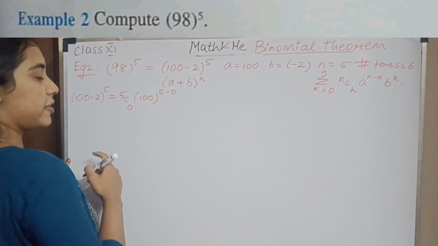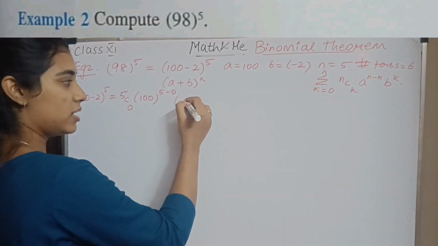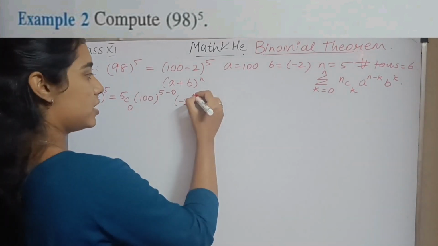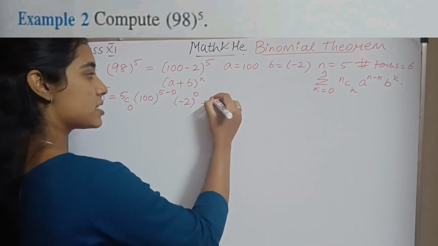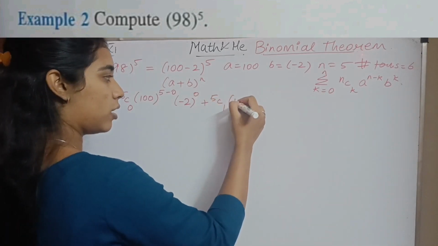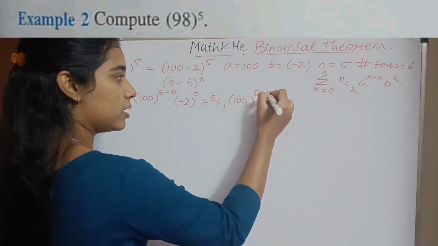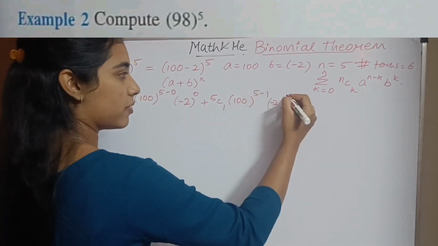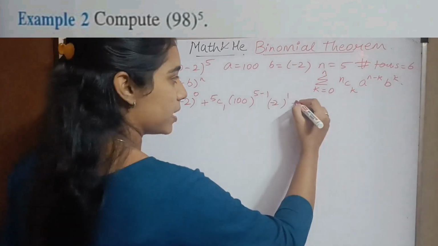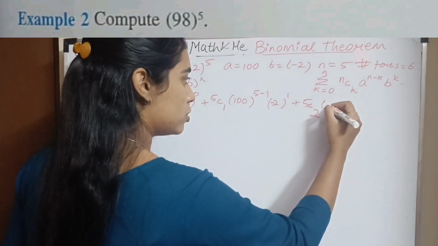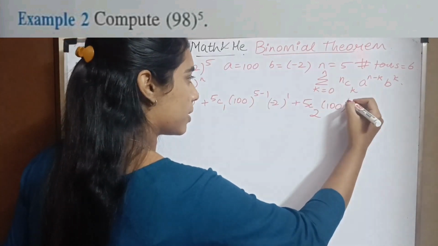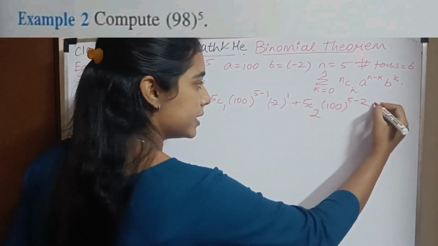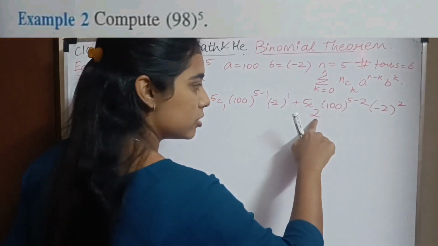So 100, 5 minus 0. What is my b? Minus 2 to the power k, which is 0, plus 5c1 of 100 to the power 5 minus 1 times minus 2 to the power 1, plus 5c2 of 100 to the power 5 minus 2 times minus 2 to the power 2.